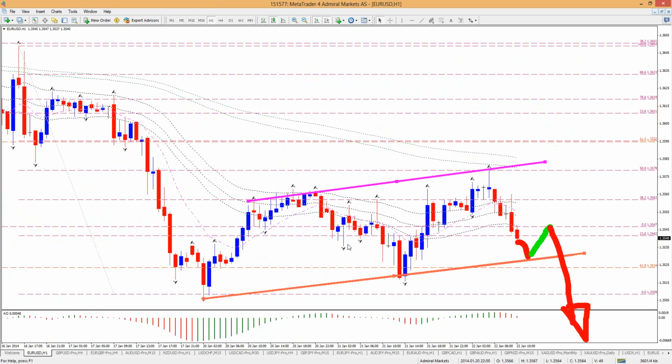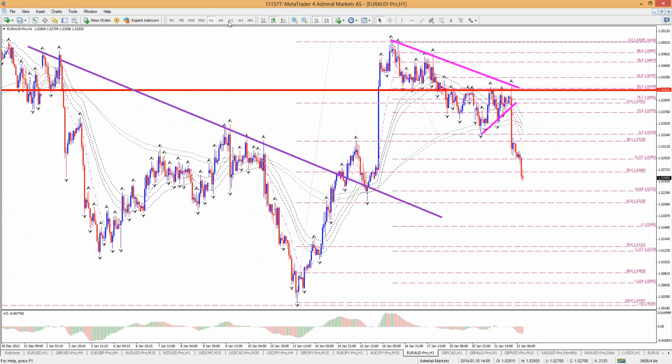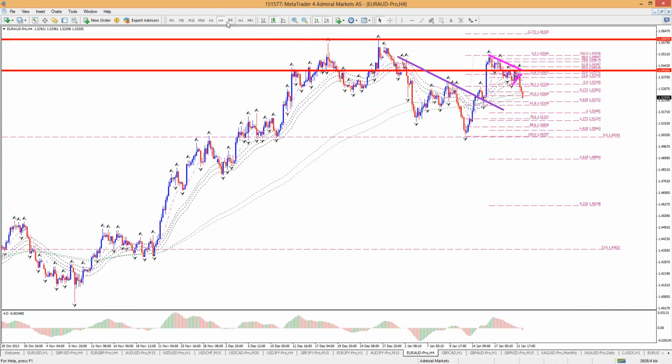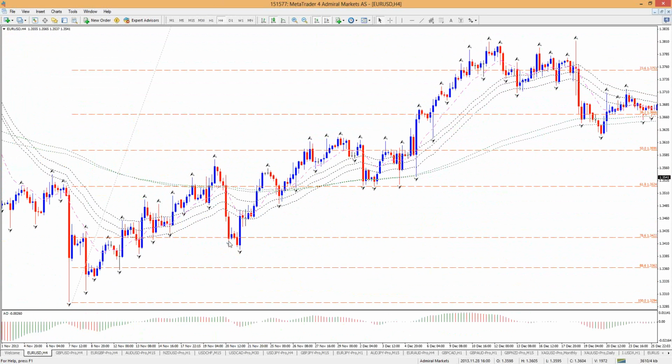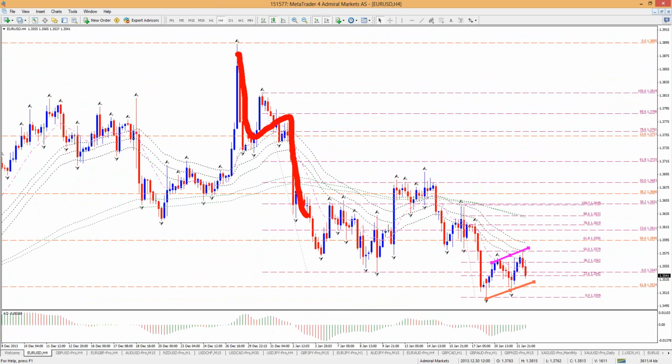Euro dollar and euro odd are a bit different. Euro dollar is in a downtrend. Euro odd just turned to a downtrend, right? Let's see. I think they're a bit different, but let me check. You see, euro dollar has big downside already.